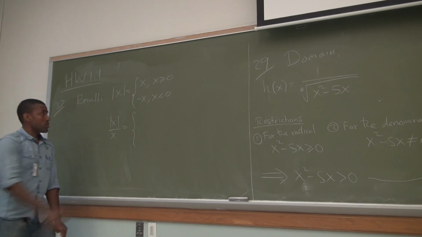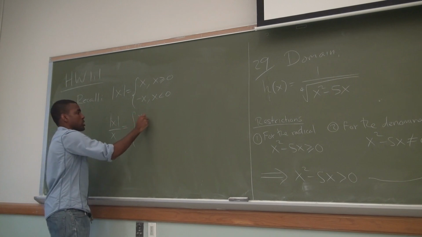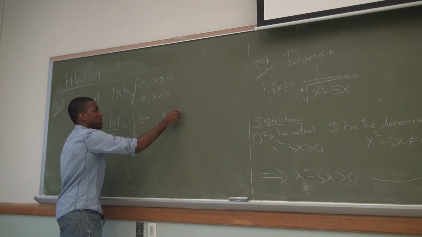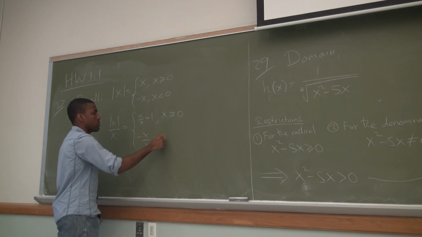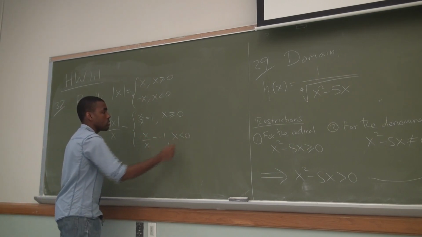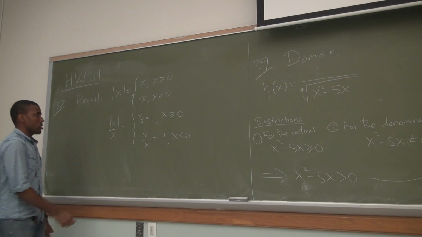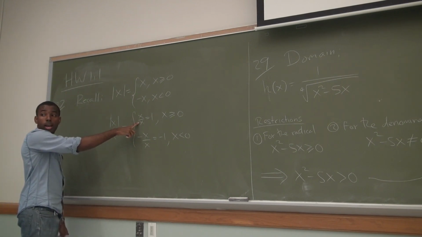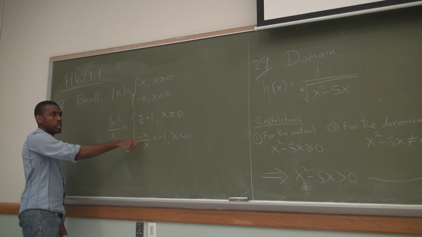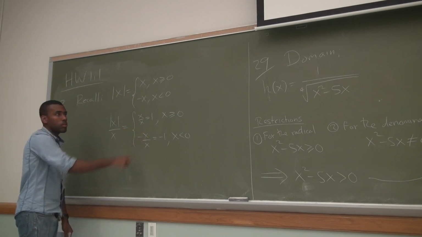It's x over x, which is 1, provided that your x is greater than or equal to 0, or it's minus x over x equals negative 1, provided your x is less than 0. So this guy actually looks like, on the right side of the y-axis, it's 1. On the left side, it's minus 1.